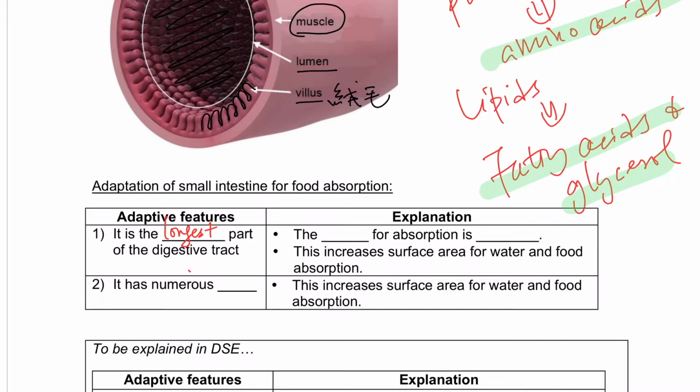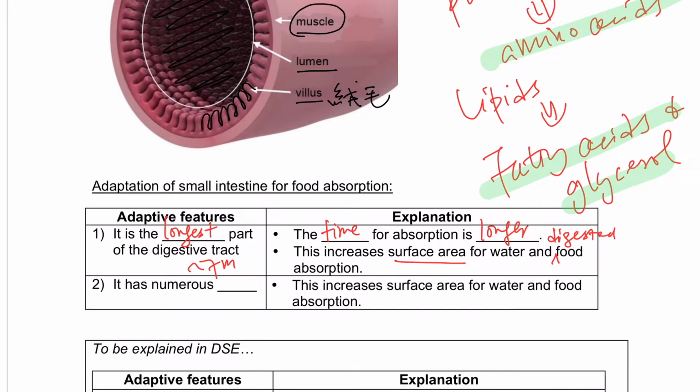It's almost 7 meters, and this long length increases the time for absorption of food. So the time for absorption is longer. With the long length, the food can also pass along a large surface area so as to facilitate the absorption of digested food and water.